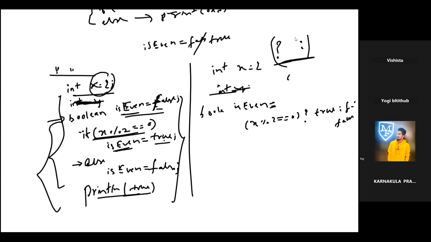The expression is x modulo division 2 is equal to 0. If this condition is true, then this part will be printed. Before the colon, whatever you write, that will be printed. If it evaluates to false, whatever you have written after the colon, that will be printed. Clear about this? We'll just code it. Let's code this to make it much clearer.